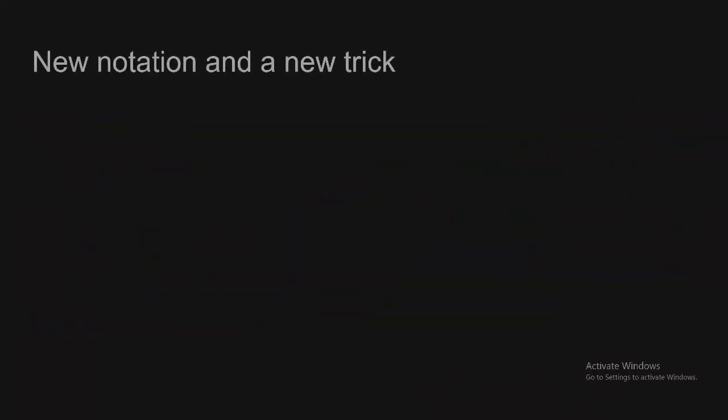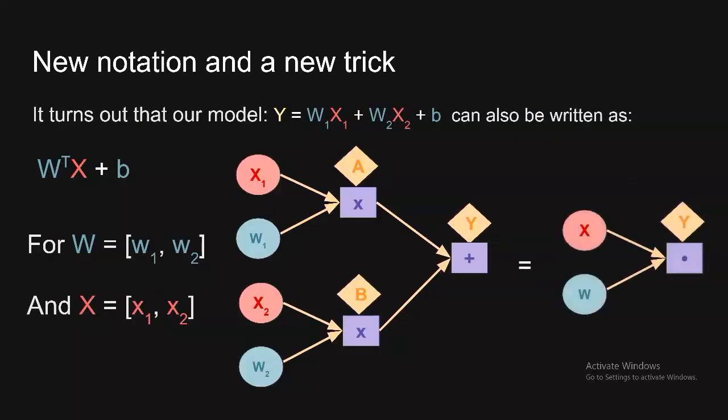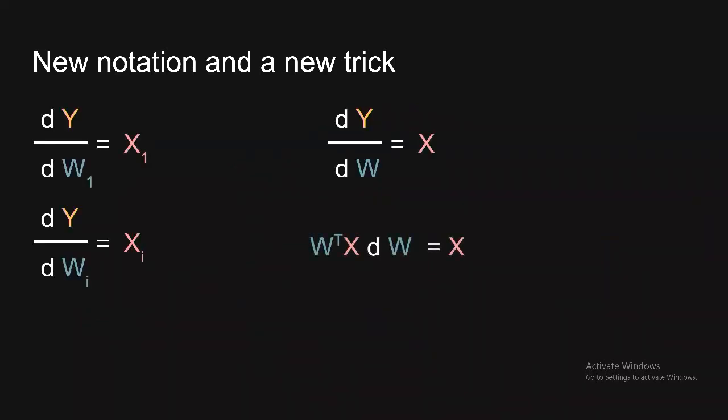Cool. And I think I'll skip over this because we're right at the end of class. But basically, we can use a matrix notation to condense all of our computation graph into a single dot product. And this is going to be our new notation. I'll go over this again starting next class. But basically, we can take the derivative with respect to the entire weight matrix, and we'll get a vector x.